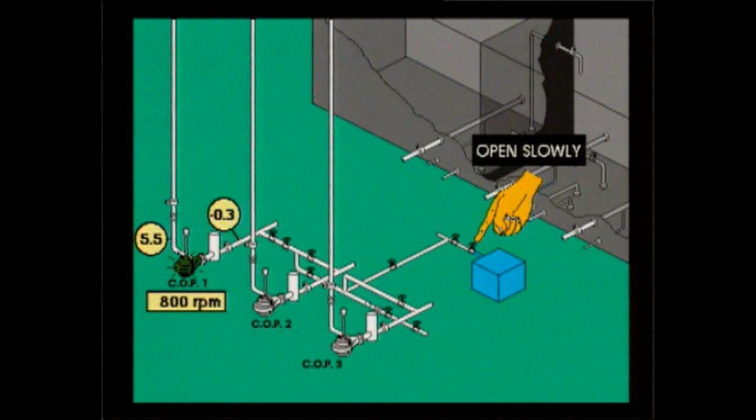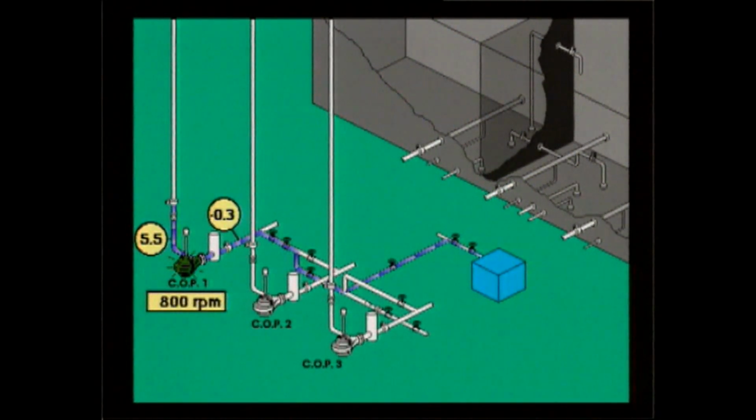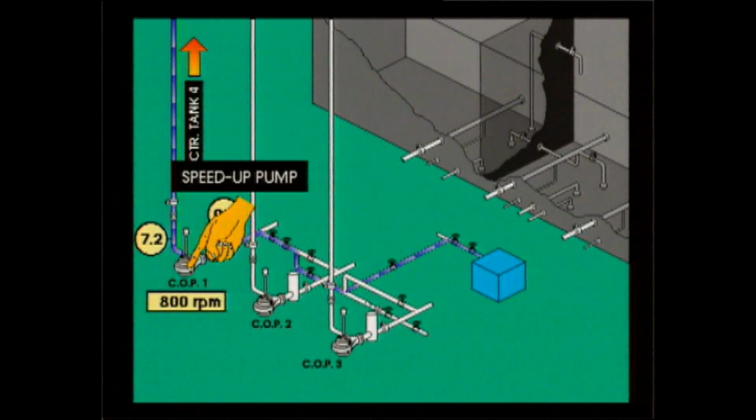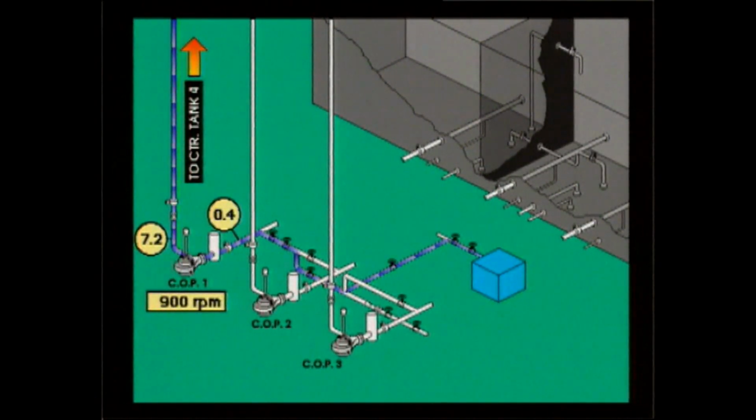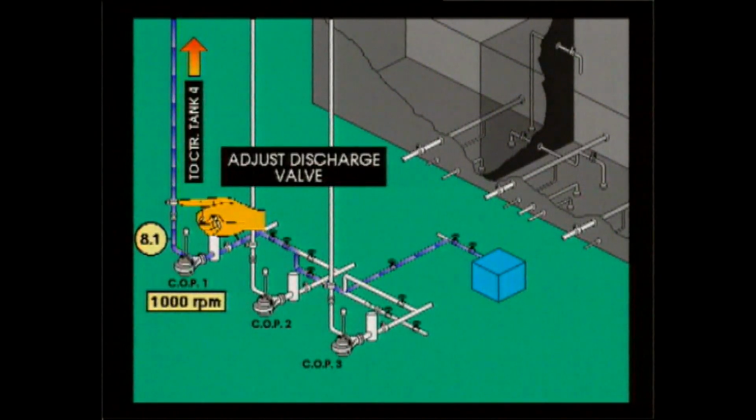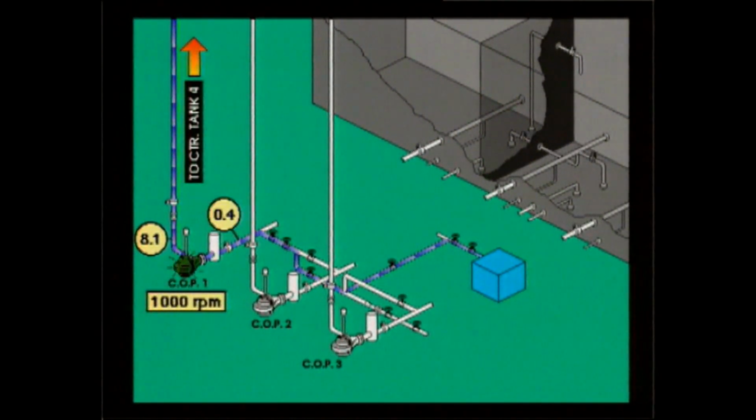Reaching 800 revolutions, the manometer at the suction side shows minus 0.3 kilograms per square centimetre, and you decide to open the sea valve. As soon as the valve is opened, the pressure at the pump changes immediately when the water flows through the pump. You're now adjusting the speed and regulating the back pressure and the head by manoeuvring the discharge valve.